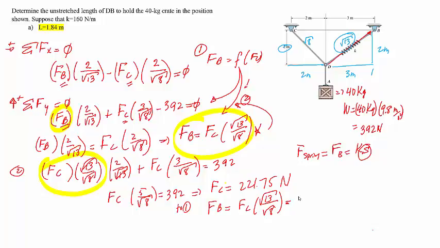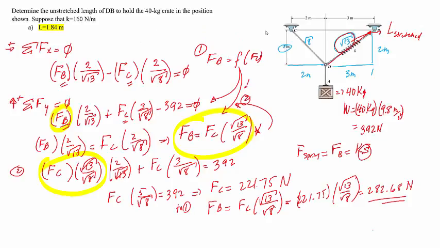So FB equals 2 times 221.75 times square root of 13 over 8, and this gives me 282.68 newtons. Okay. So before I move to the next slide, this here would be the length of the stretched spring. Okay. So let's go to this.